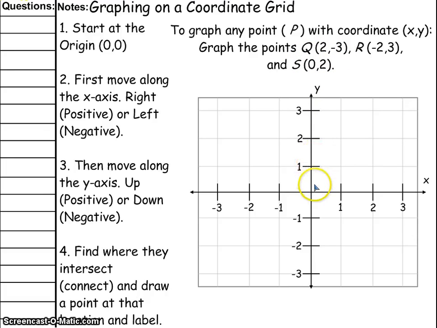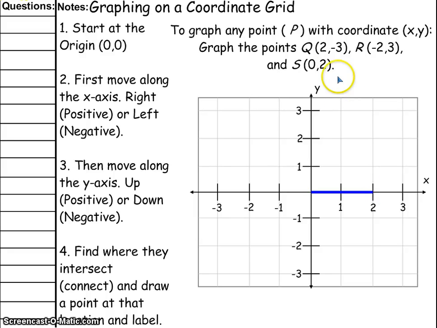So I'm going to start at my origin, which is where the x and the y meet and create 0, 0. And then I'm going to move along my x-axis. Since 2 is positive, I'm going to go to the right until I get to +2. And then I'm going to go down.